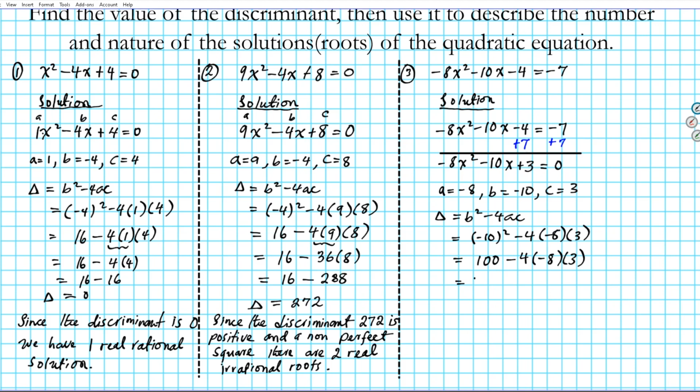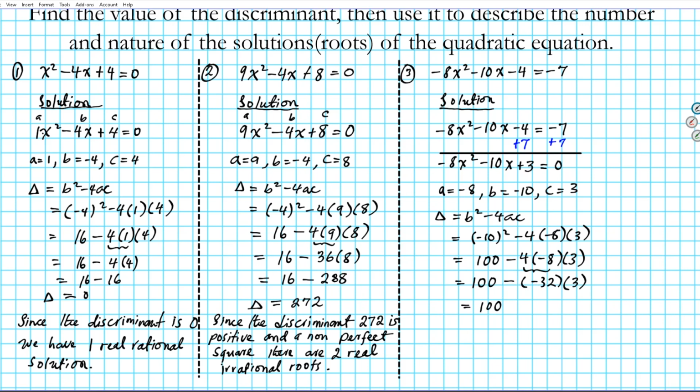Then we multiply before we subtract: 4 times negative 8 is negative 32, times 3. We can resolve these two signs: minus times minus becomes a plus.